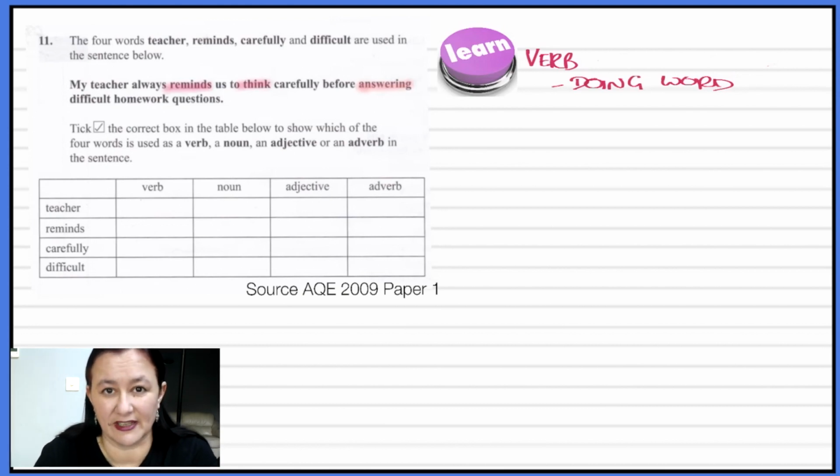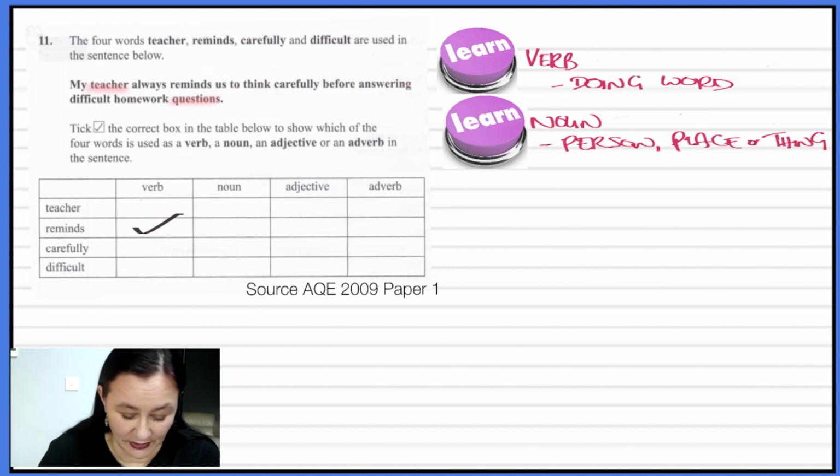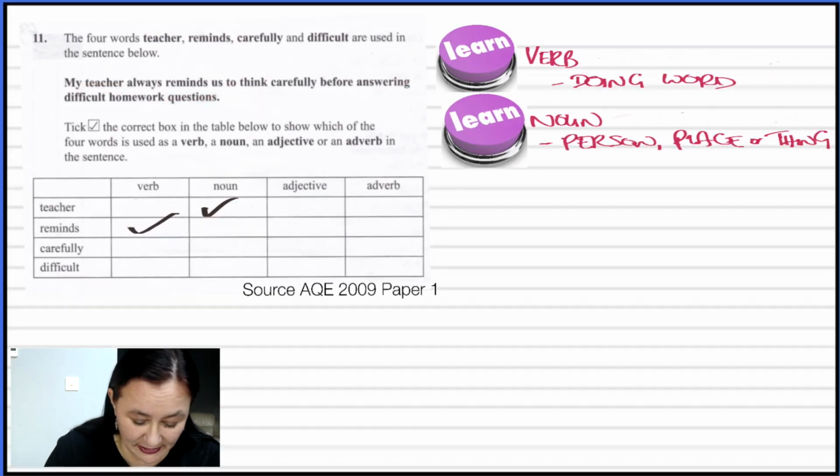Some kids remember them as things you can kick. You can't kick the questions, but it's a solid. That's not a very good example. But the teacher, and you wouldn't be suggesting to kick the teacher. So you've got 2 things which are nouns, and therefore you can tick that the teacher is the noun.